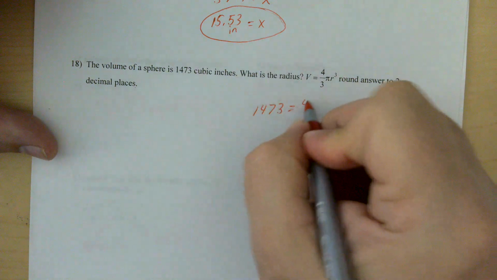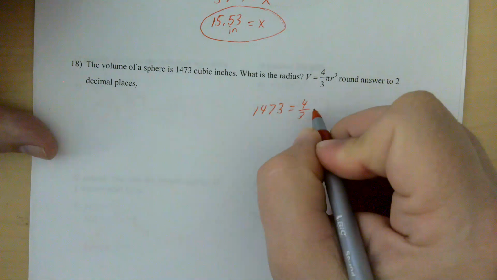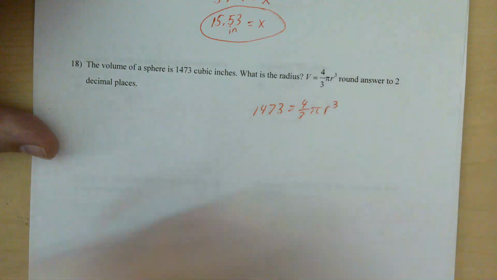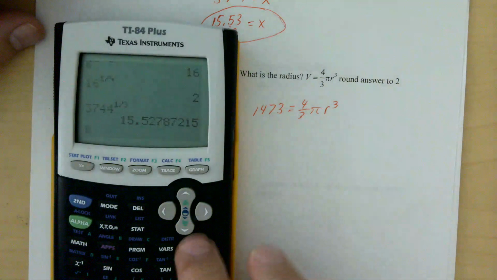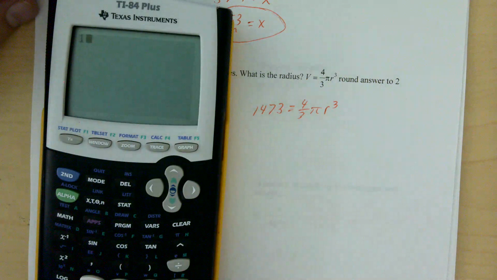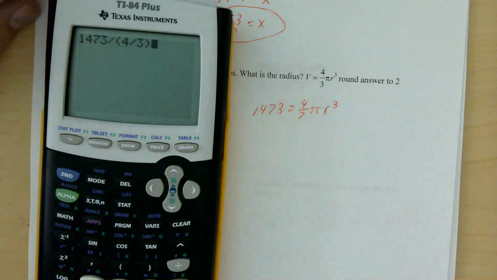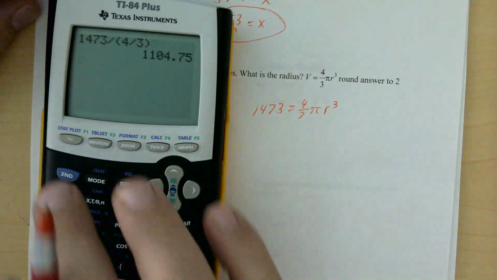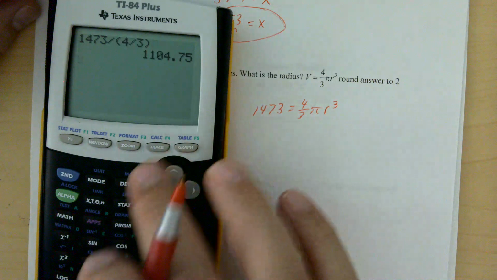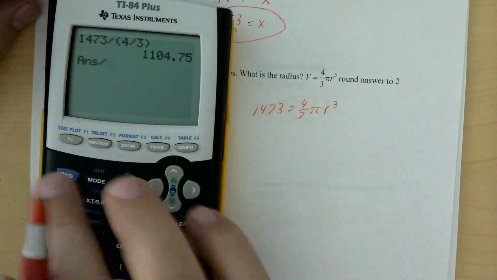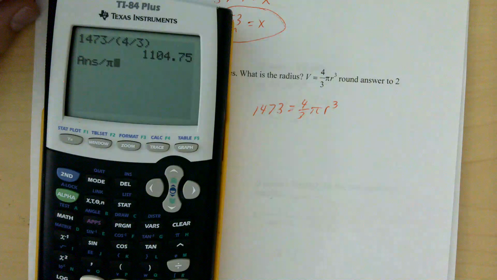I have the formula for a sphere. So you do this on a calculator. Let's clear the calculator. It's 1473 divided by 4/3. I recommend putting 4/3 in parentheses. You hit enter. You then, whoops, I forgot to hit divide. We divide by pi. Second caret key is our pi.